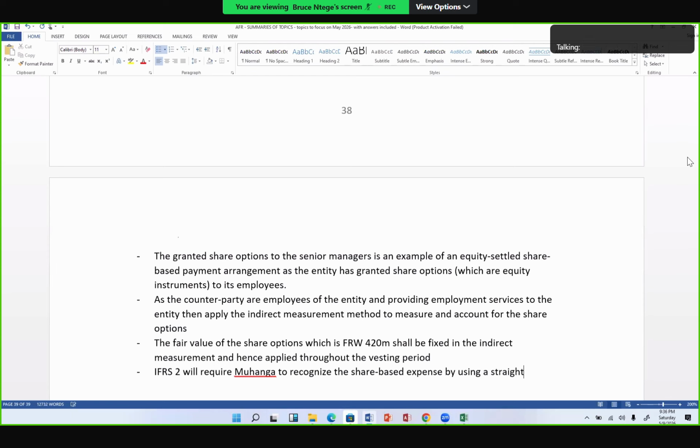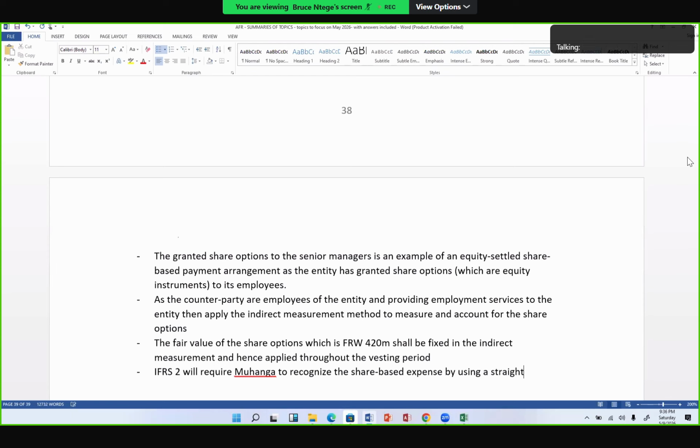That vesting period runs from 1st January 2021 to 31st December. Okay, then we shall say that the only issue that will change that figure will be based on the number of employees that complete the vesting period.